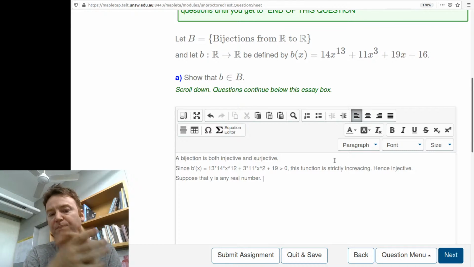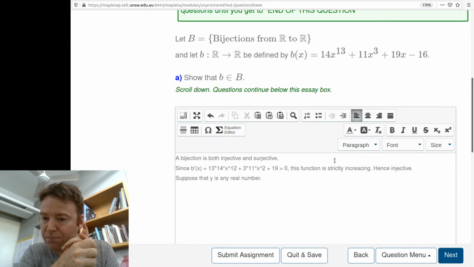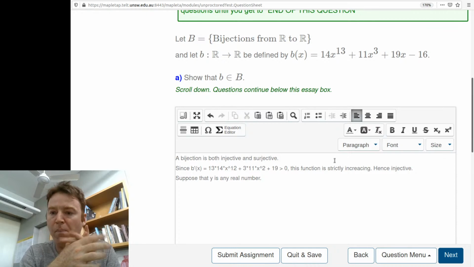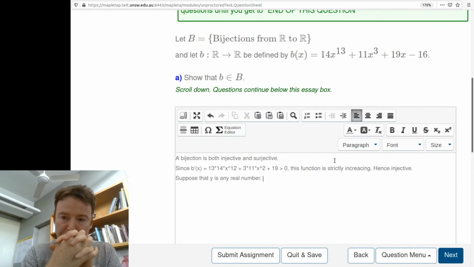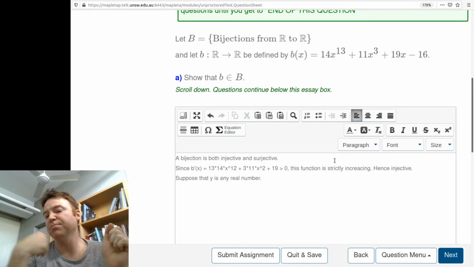Okay, suppose you've got any real number y, and we need to show that there's some x that maps to this thing. You don't always need to show that for injective, f of x equals f of y implies x equals y.